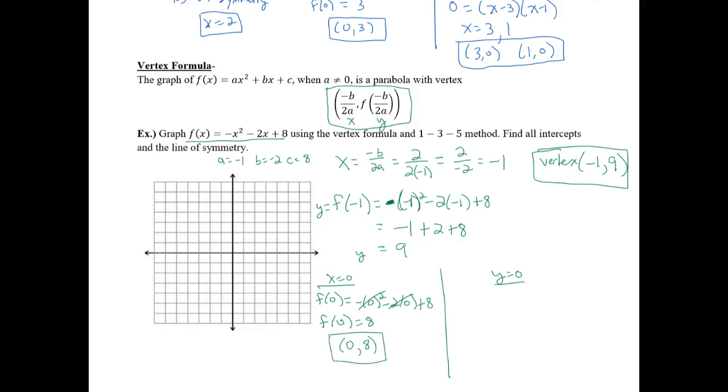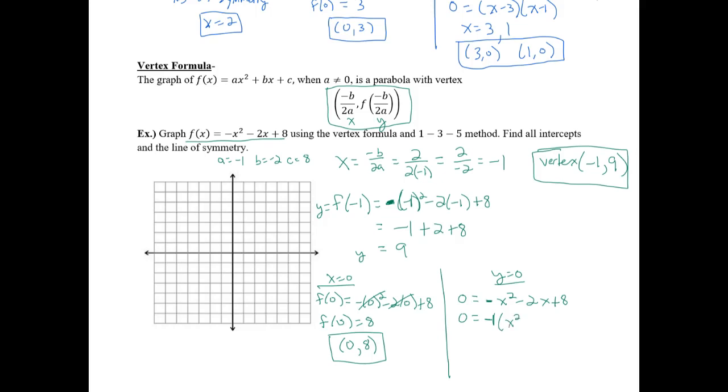Then for our x-intercepts, we plug in 0 for y. F of x is y, so 0 equals negative x squared minus 2x plus 8. So we're going to try to factor before we do anything else to see if it is factorable. Our leading coefficient here is negative 1, so we're actually going to pull that out as the GCF. Right? We want our x squared term to be positive.